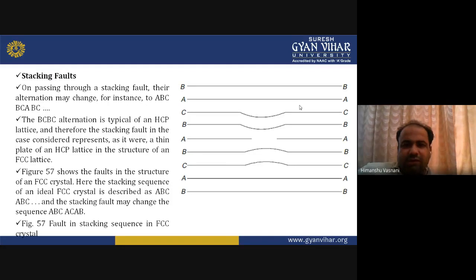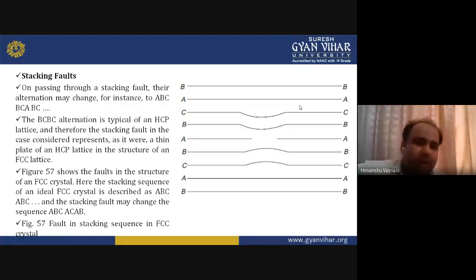Then, on passing through a stacking fault, the alternation may change, for instance from ABC to BCA, BC. The BC-BC alternation is typical of an HCP lattice, hexagonal close-packed lattice.